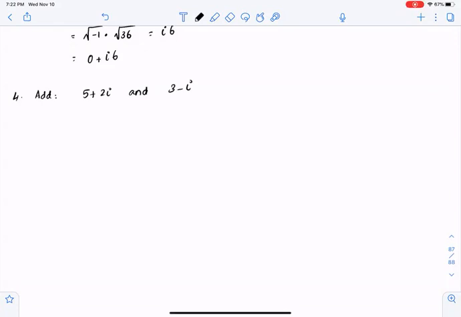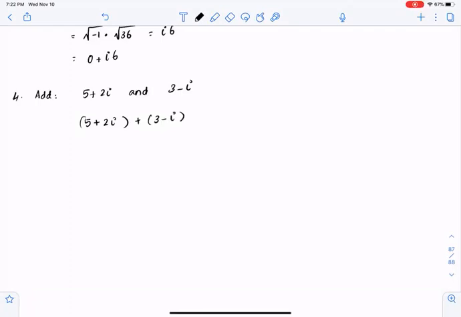Suppose we have two complex numbers, 5 plus 2i and 3 minus i. We're going to treat this addition very similar to what we do usually in terms of grouping terms together. 5 plus 2i, I'm adding 3 minus i.